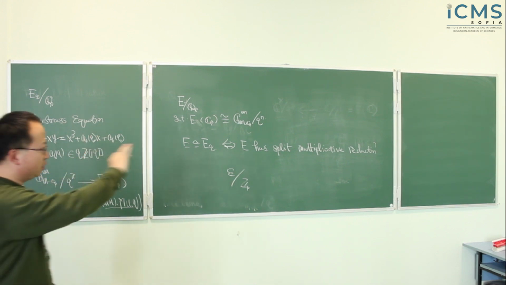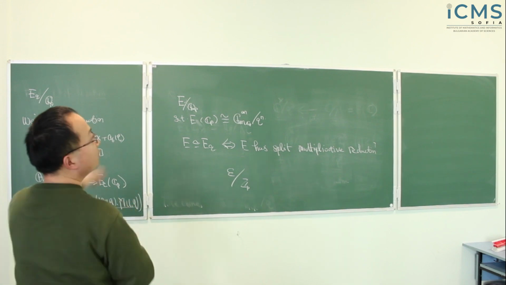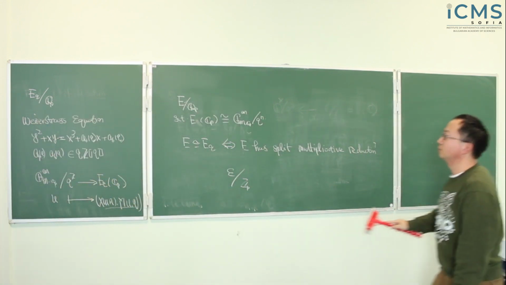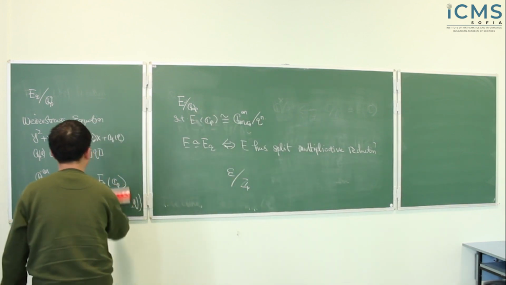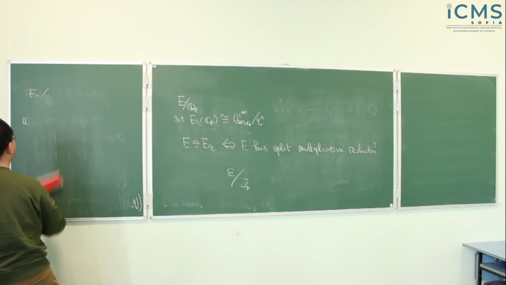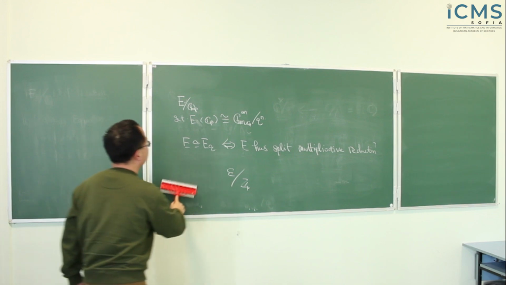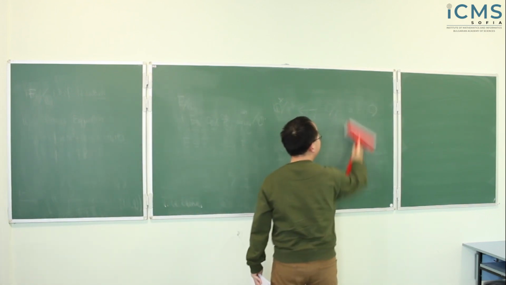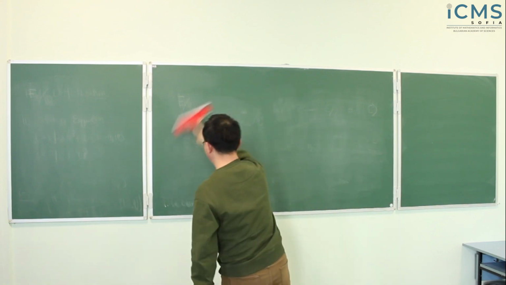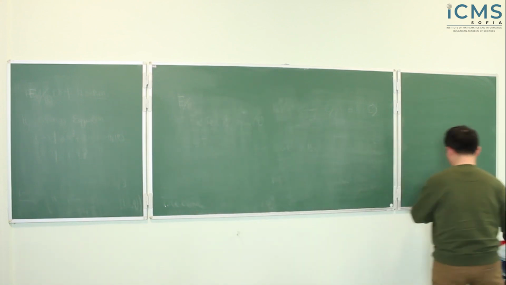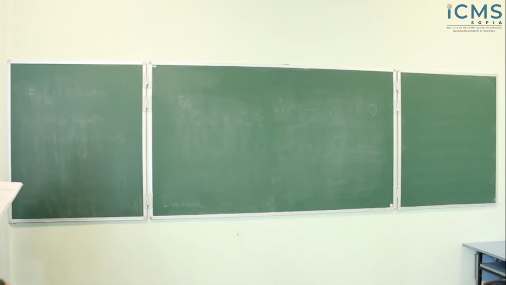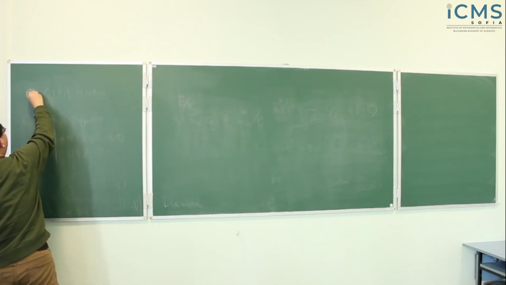So this is the dimension 1 case. There are two kinds of generalization.